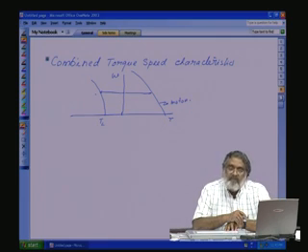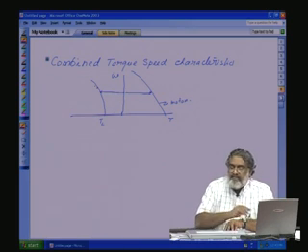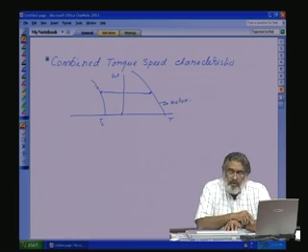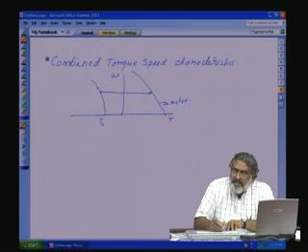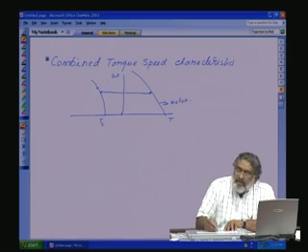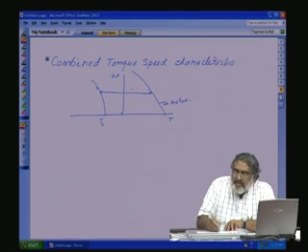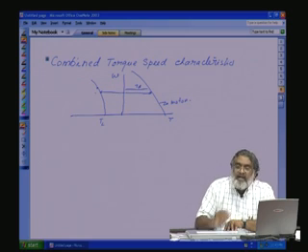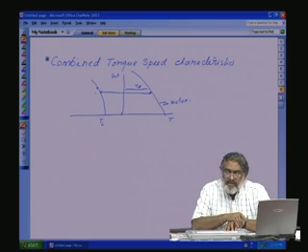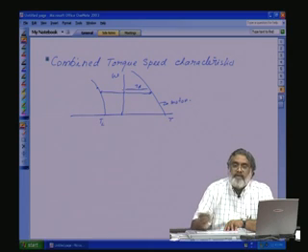But the load torque can vary, that is not in our control. Suppose the speed varies and the load torque goes here. This is the load torque demanded by the load, but according to the motor characteristic, the driving torque TD is less than the load torque now. So, what will happen? The system will slow down and come to this point.